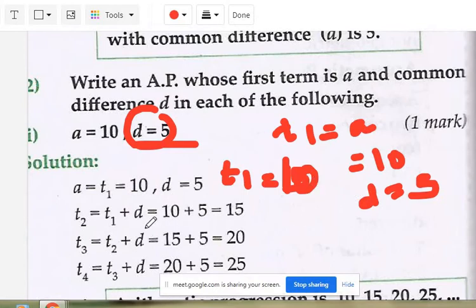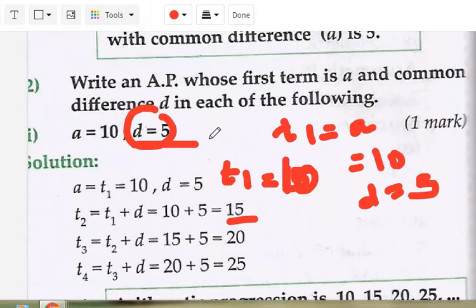So 10 plus D, 5, that is 10 plus 5, 15. Then T3: T2, that means 15 plus D, that is T2 plus D, 15 plus 5, 20. Then T4, T3 plus D, 20 plus 5, that is 25.